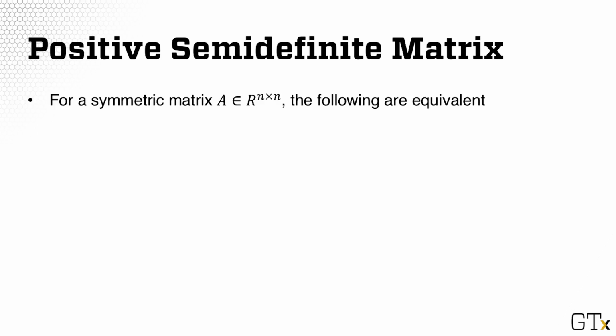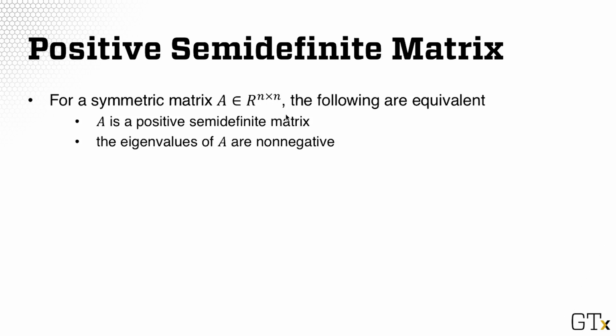A positive semi-definite matrix is always a symmetric n by n matrix, and it has the following properties. A is positive semi-definite if and only if the eigenvalues of A are non-negative. Because A is symmetric, all the eigenvalues of A are real numbers, so we can talk about them being negative or non-negative.